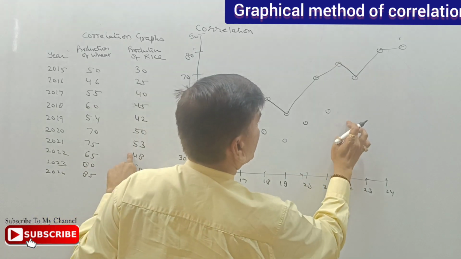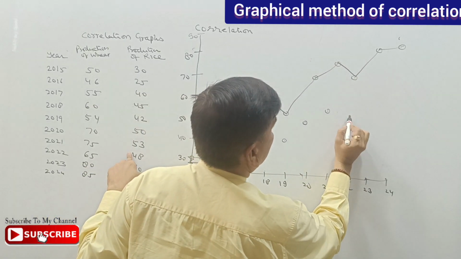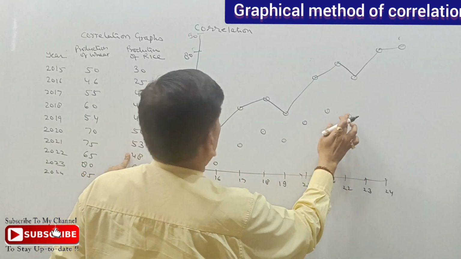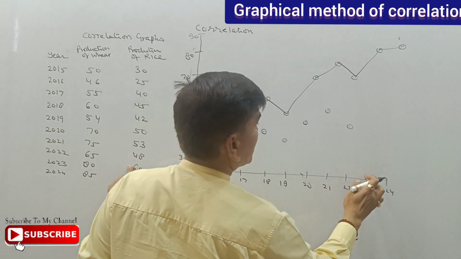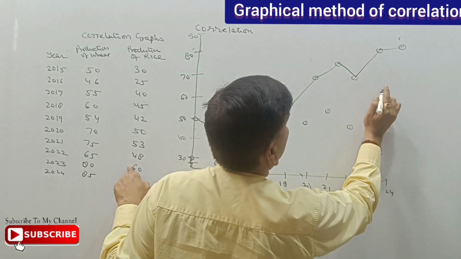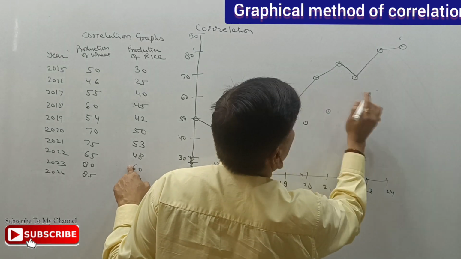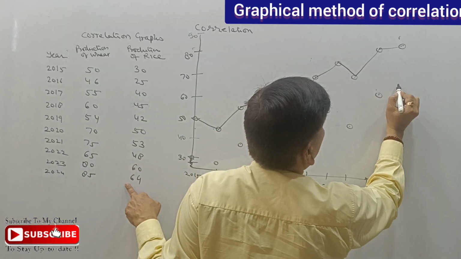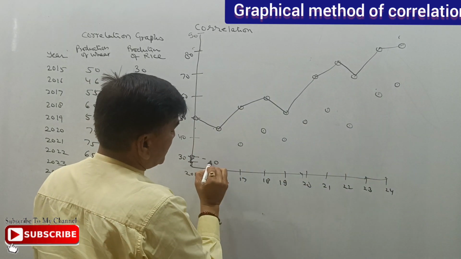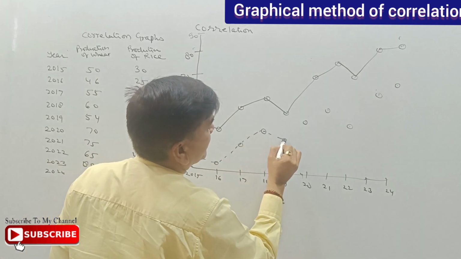Then it decreases to 48, then increases to 60, then increases to 64. So this is the graph of the production of rice.